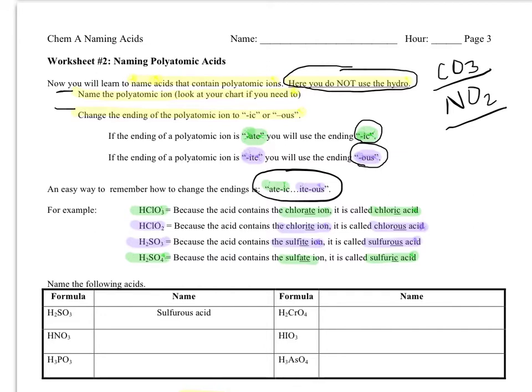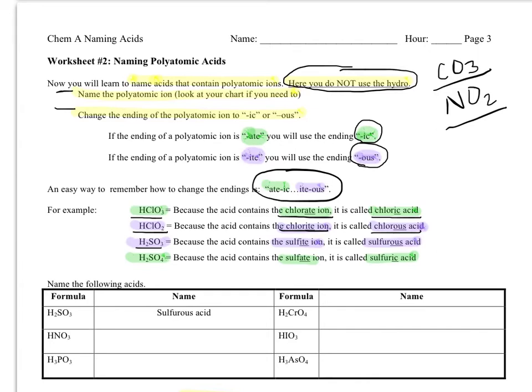Some examples. Here's hydrogen bonded with the chlorate ion. That's what ClO3 is. So we would call this chloric acid. On the other hand, if you got hydrogen bonded with the chlorite ion, ClO2, you have chlorous acid.